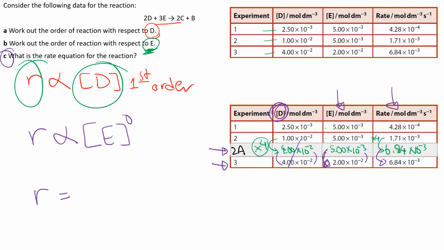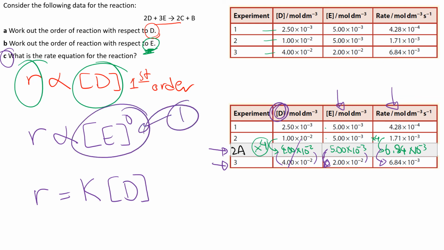R is equal to K, our constant, multiplied by the concentration of D to the power 1, and E to the power 0, which is 1, so we don't have to include it, and here is our rate equation. If you included E to the power 0, it would not be wrong, so you can do that. Hope it's clear. See you later.